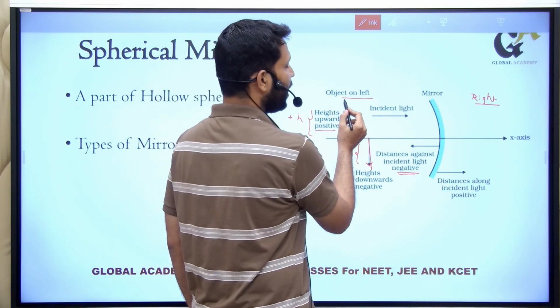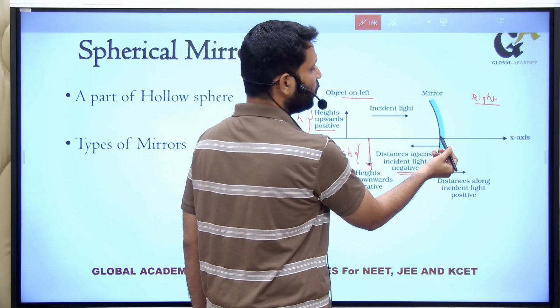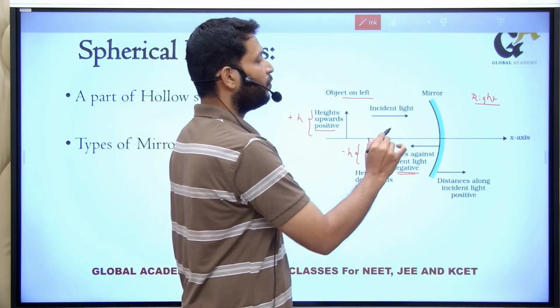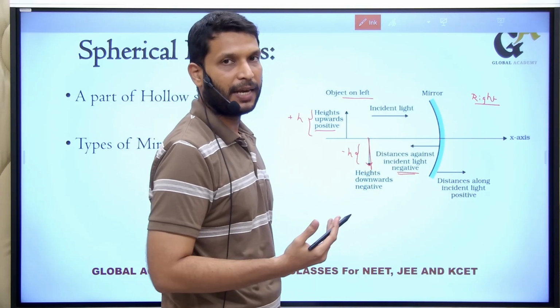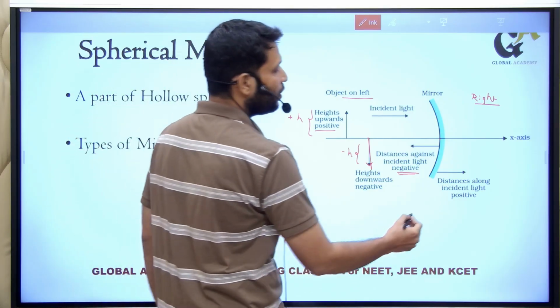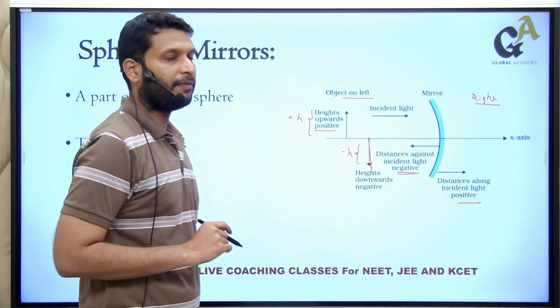Here the incident ray direction is left to right. All the distances opposite to the direction of incident ray are taken as negative. However, if you are measuring the distances in the direction of the incident ray, such distances are taken as positive distances. So these are the 4 sign conventions.